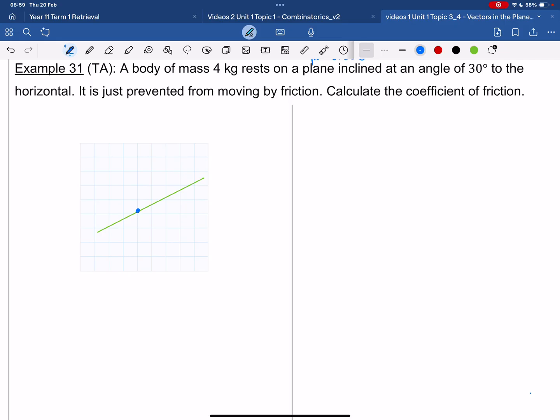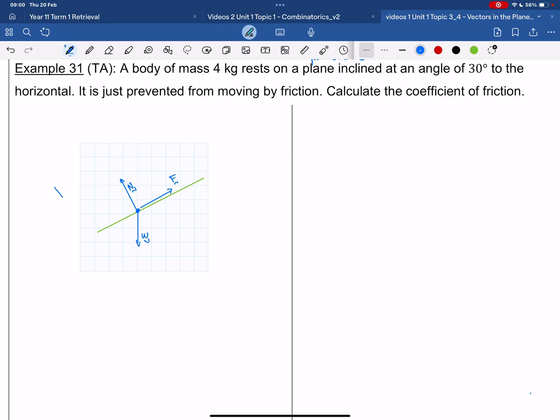Now remember, our weight force always acts directly down, and our normal force always acts at 90 degrees to our plane, and friction is preventing it from moving. Now, a ball or a body will roll down a hill, so the friction must be acting in this direction to prevent it from moving.